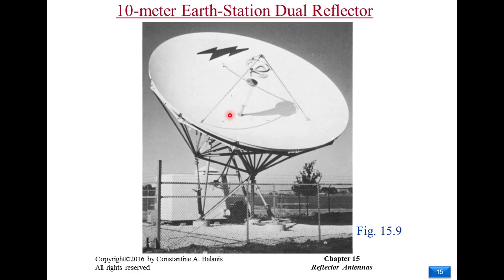So, for example, this is a very big reflector antenna that is 10 meters, a dual reflector. We have the signal going from here, it hits reflector 1, it illuminates reflector 2, and the illumination from reflector 2 is the transmitted signal. And as you can think, this is large, so it has large electric dimensions. The beam width is very thin, so that it can travel for very long distances, and this is what we need for satellite communication.